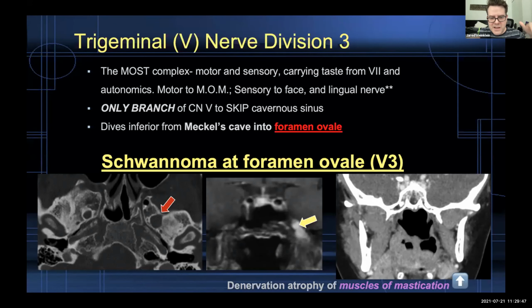So it goes south directly laterally into foramen ovale, which you can see widened on the left image and with an enhancing tumor on the middle image. And the right image shows that the muscles of mastication are atrophic. So you can see there's less bulk of muscle of soft tissue, there's more fat density. Clearly, there's less muscle bulk on that image from long-standing nerve disease. Next.